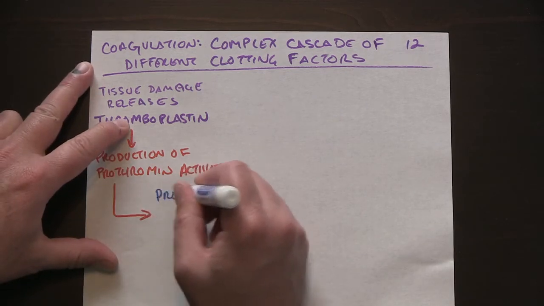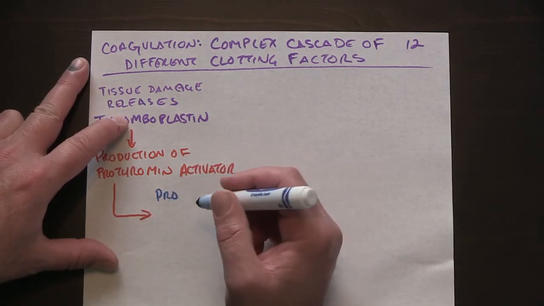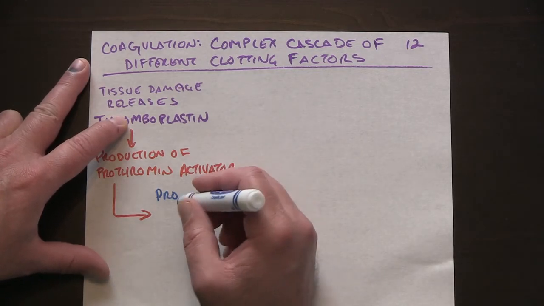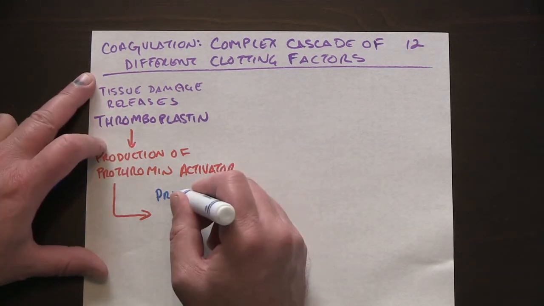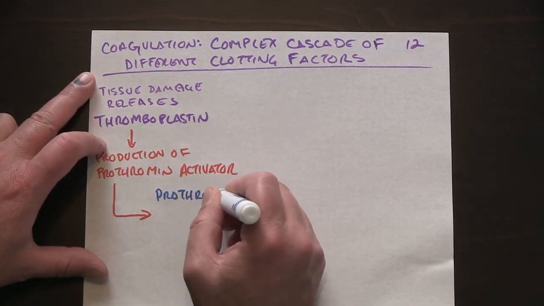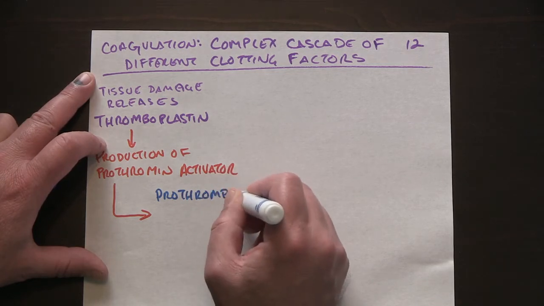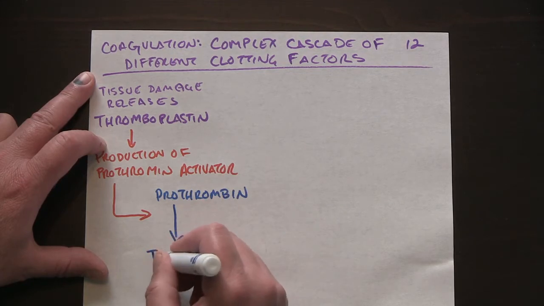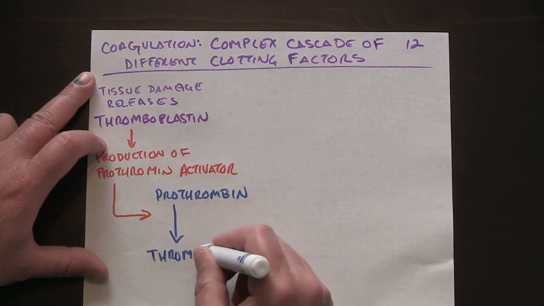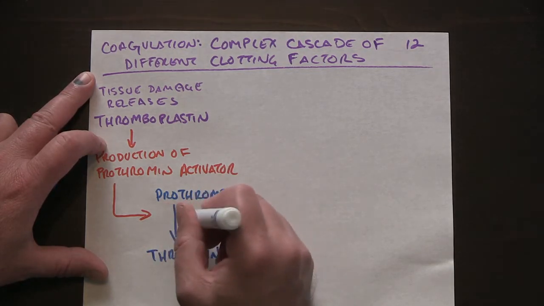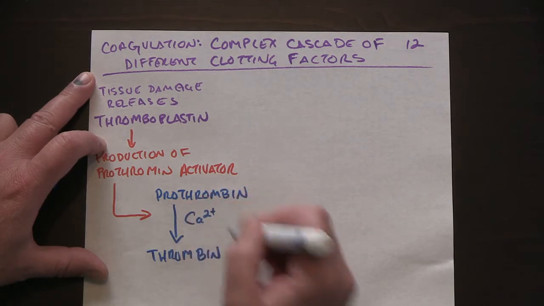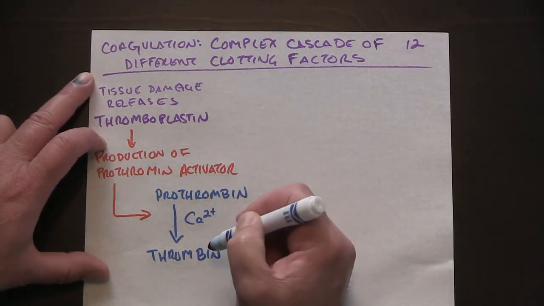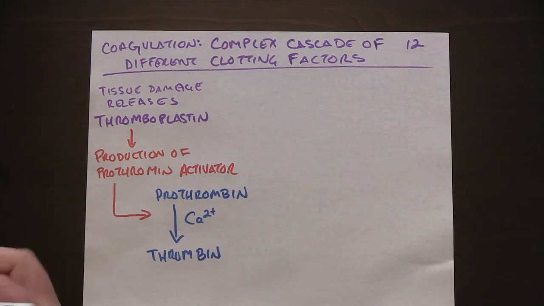converts a factor. Prothrombin is factor 2. Not that you have to know that, but just to give you a reference. It converts prothrombin into thrombin. And guess what? It uses calcium. Can't escape calcium, right?